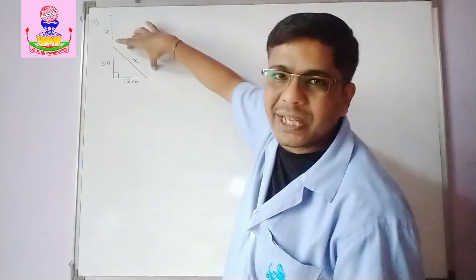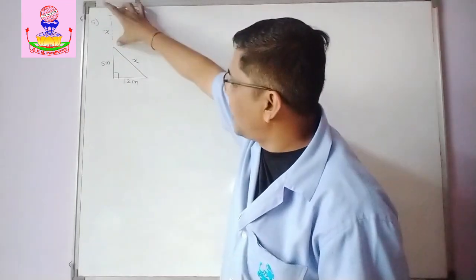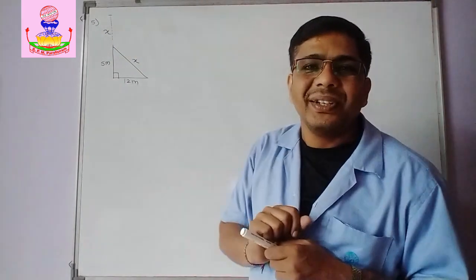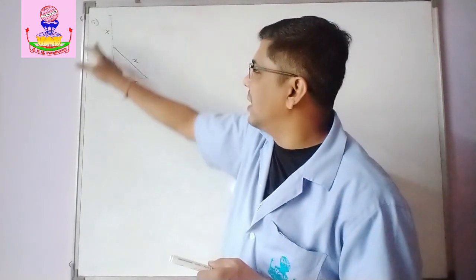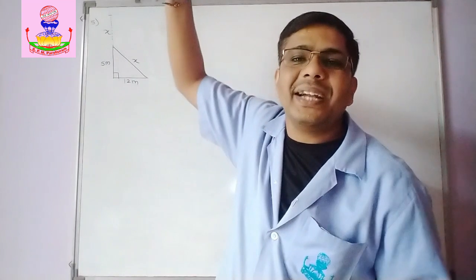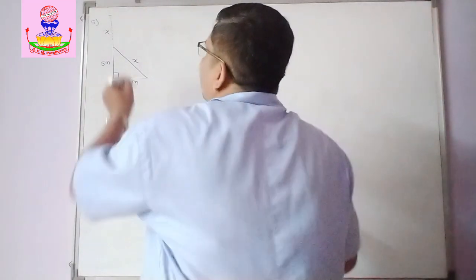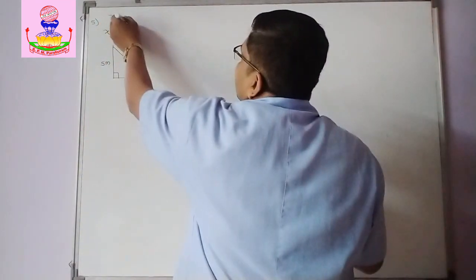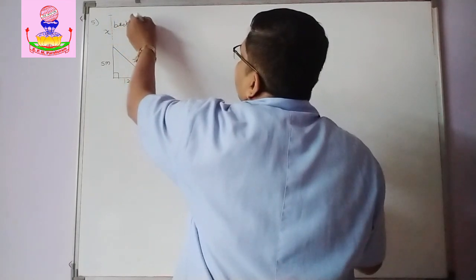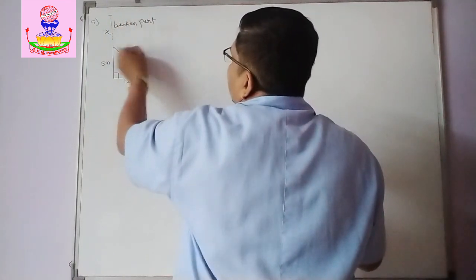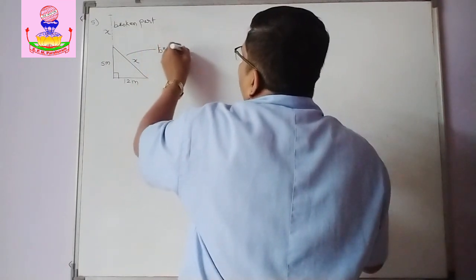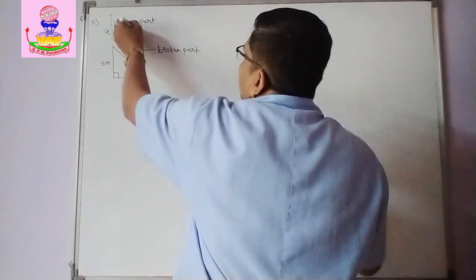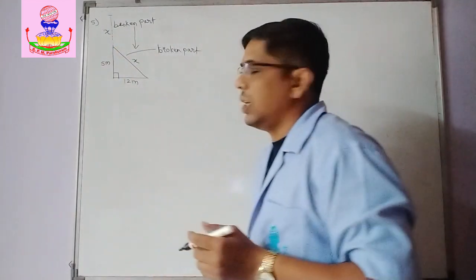This is the broken part, which is the same part that comes here and falls down. So I need to find this. Once I get this, I can add them together and get the total height of the tree. This is the broken part of the tree which falls down, and it comes down here.